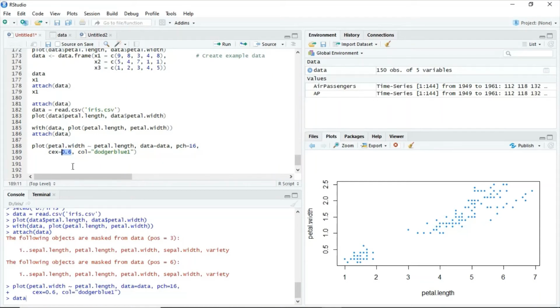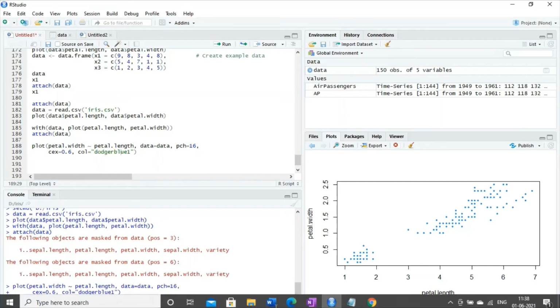It is basically one particular value that we adjust for scaling purposes, meaning for changing the size of the plotted character. And here the color is written as dodgerblue1. So for that purpose I am getting this blue color.